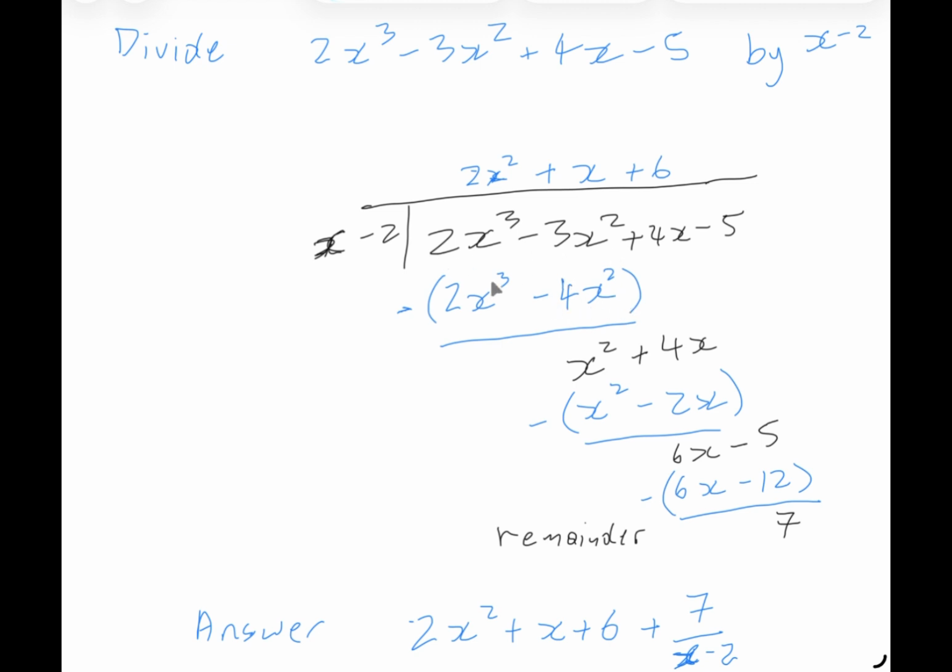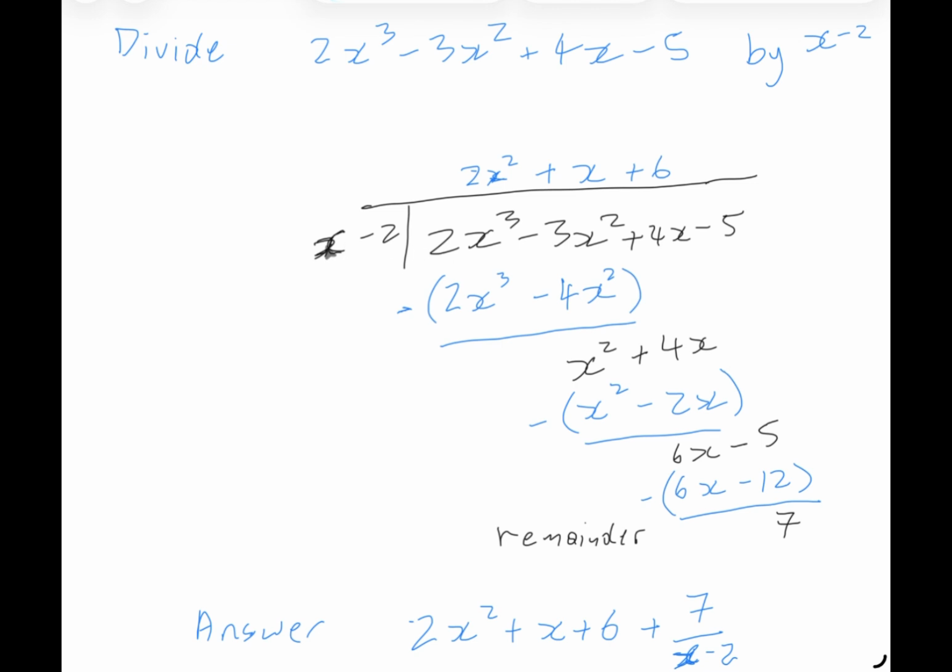Then we're going to subtract this expression from the one above it. So 2x cubed minus 2x cubed gives 0, but negative 3x squared minus negative 4x squared gives you positive x squared. Next step, you bring down your 4x, so that gives you x squared plus 4x.